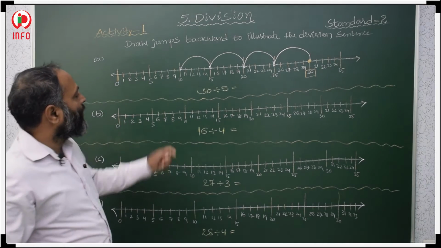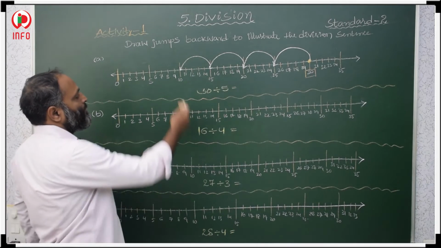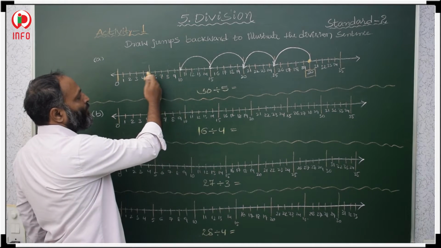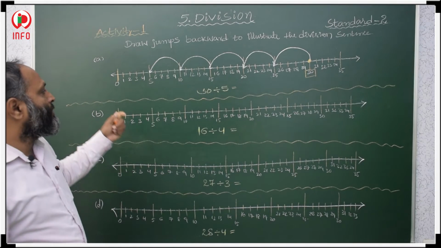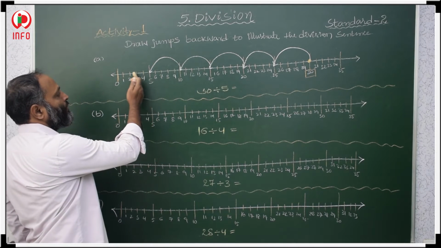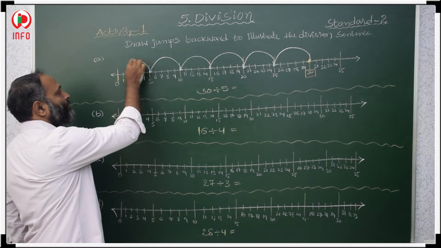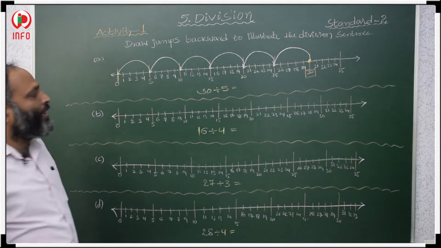From 10 again 5 steps backward, 1, 2, 3, 4, 5. We are at 5. From 5 again 5 steps backward, 1, 2, 3, 4, 5. Then we are at 0.